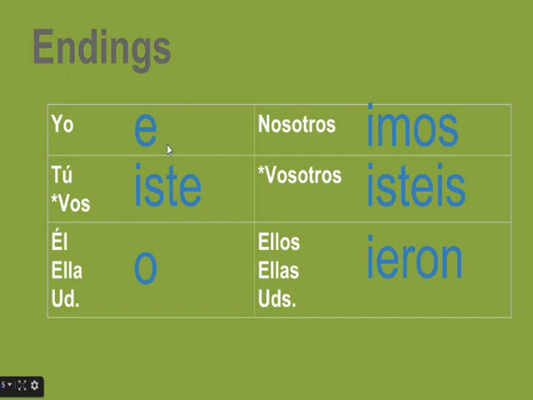And you can maybe compare them to the ER and IR regular endings for the preterit, although there are some differences. And so for the él y usted form, you have the o, and for the yo form, e. But the tú, nosotros, vosotros, and ellos, ellas, ustedes forms are similar to the ER and IR endings. But these are the endings that are used for all of these irregular pattern verbs.